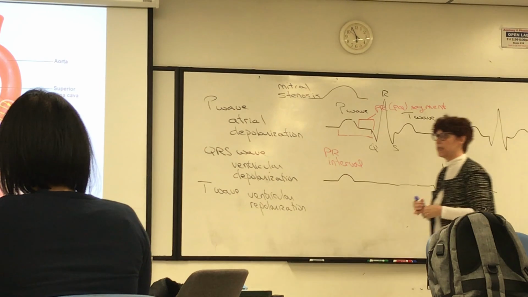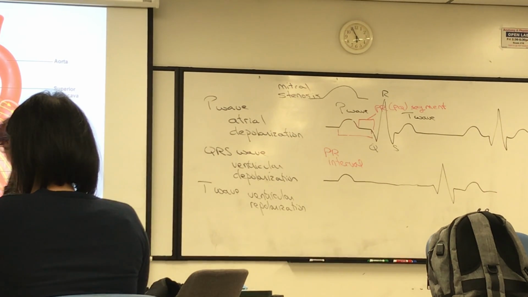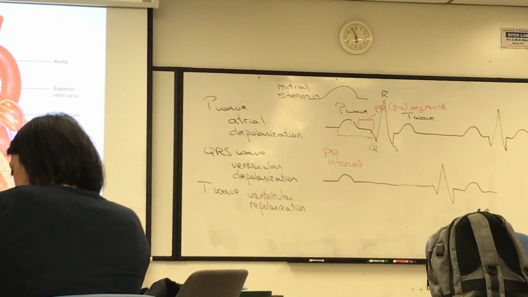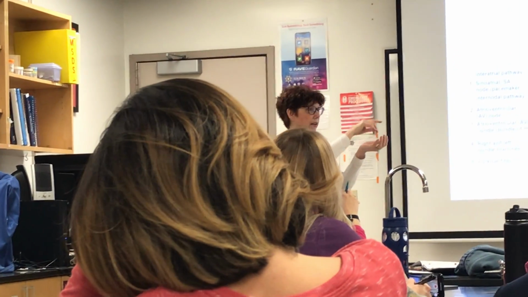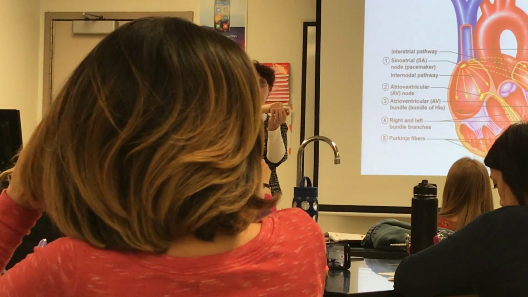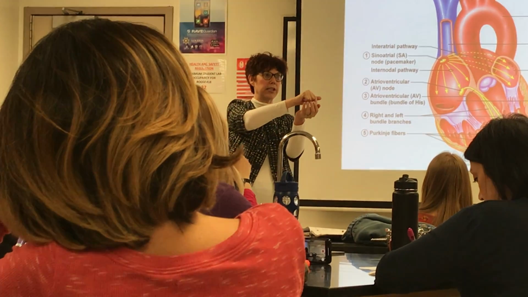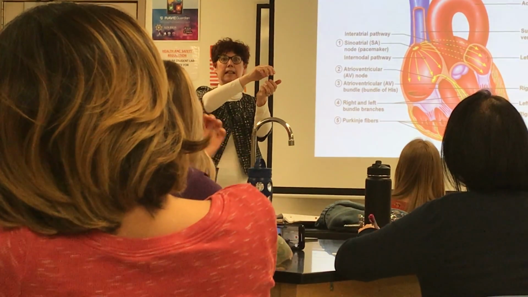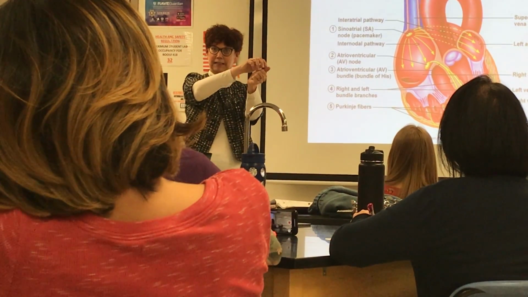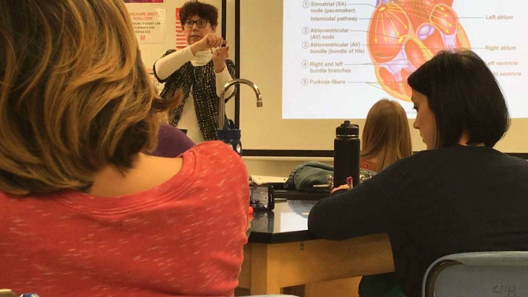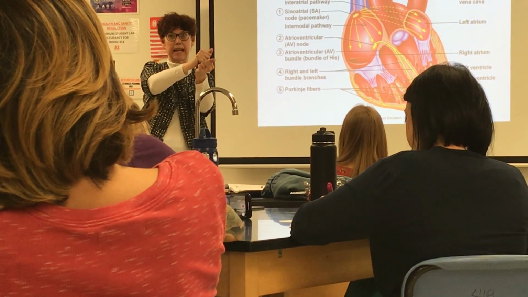So when we think of the heart's activity, we're going to talk about the cardiac cycle a little bit later. So we have the heart at rest, then the sinoatrial node fires, the atria depolarize and contract. That current spreads through the AV node down to the bundle branches, then the ventricles contract, and then the heart relaxes again. We have this kind of cycle. Atria contract, relax, ventricles contract, relax.